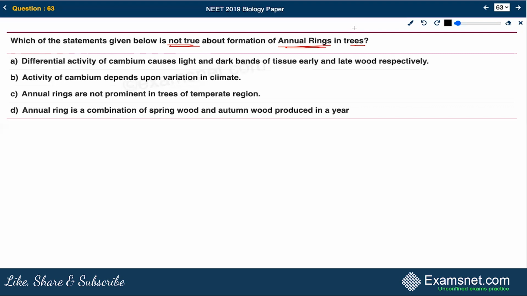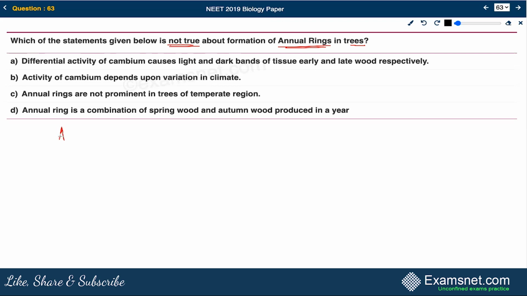Now, let me tell you, annual rings basically are those rings in the trees that estimate the age of a tree. They are also considered to be growth rings. In order to estimate the age of a tree, annual rings are counted.